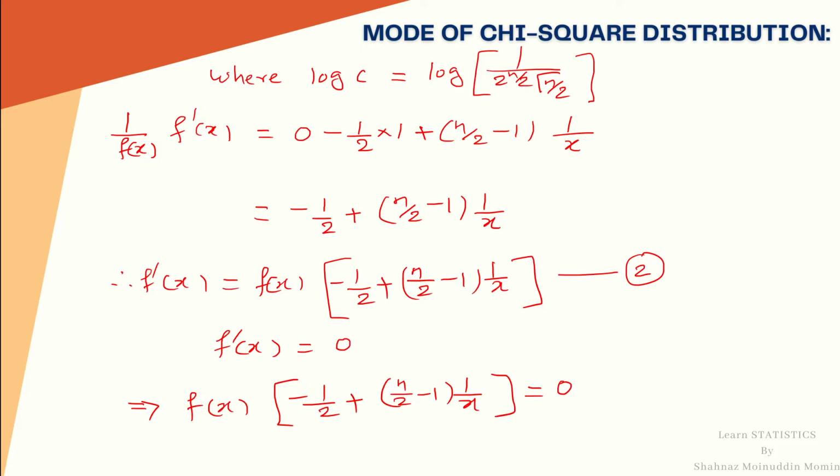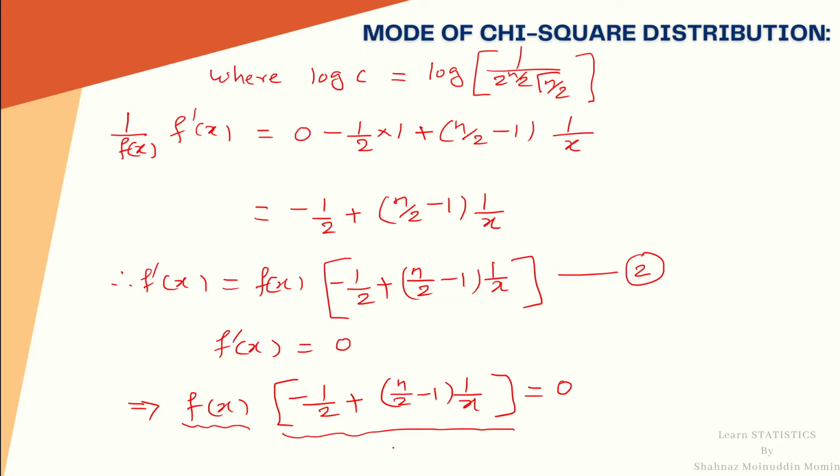Here, since f of x is a PDF, which lies between 0 and 1, it cannot be 0. Therefore, in order for this equation to equal 0, this bracket must be 0.